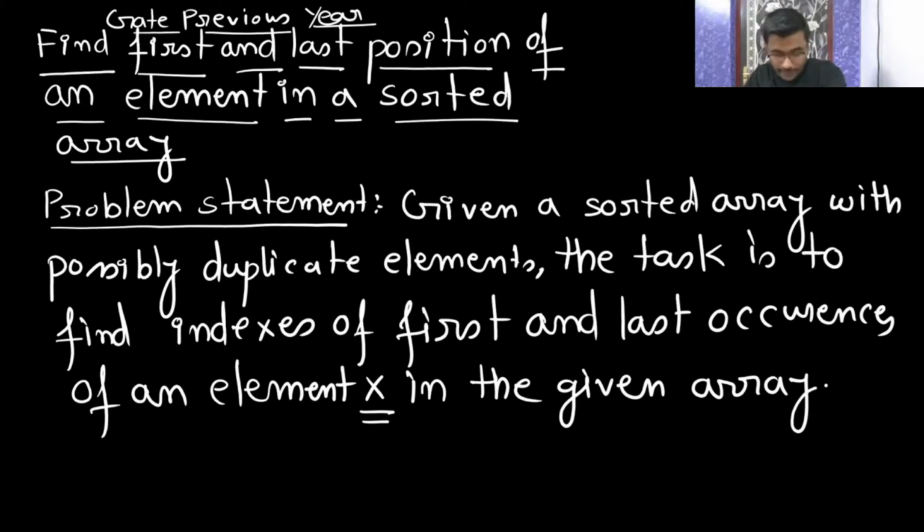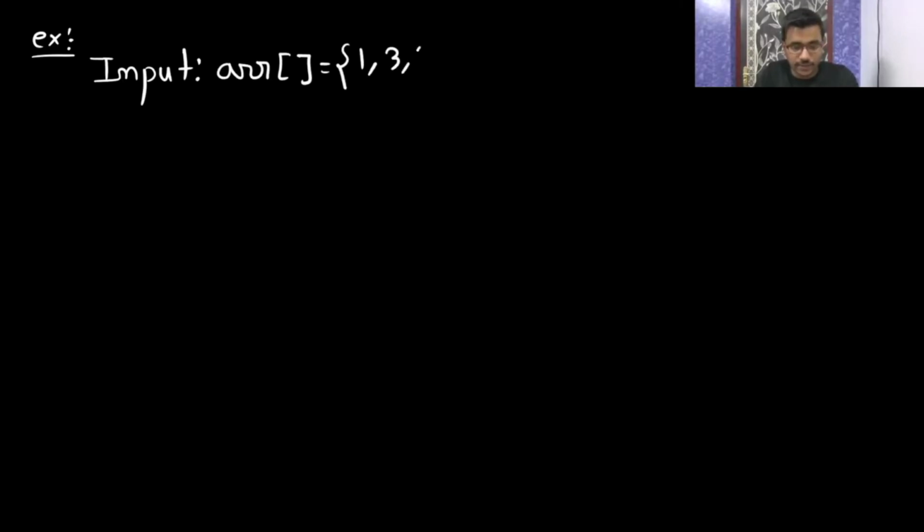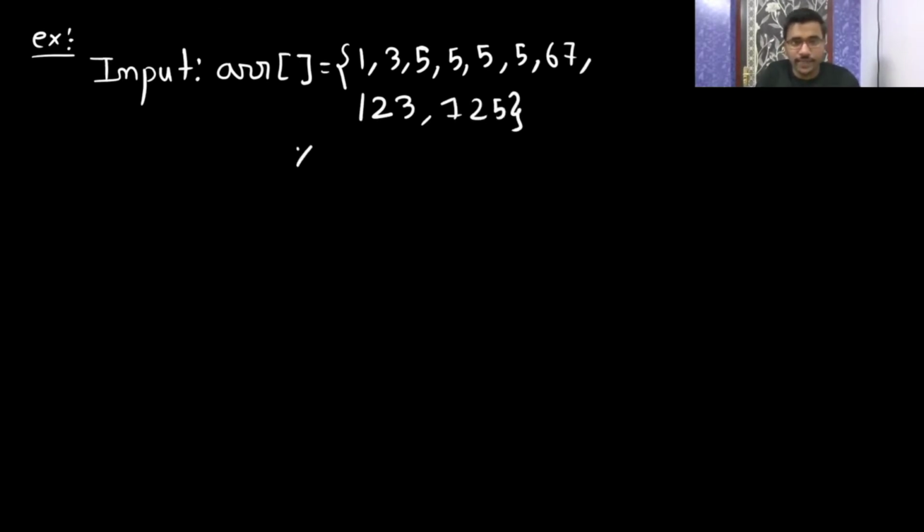Now I will take one example, and first you people try. With that example, I will try to make you understand. The array contains 1, 3, 5, 5, 5, 5, 67, 127, 123, then 125, and the element you need to find is 5.